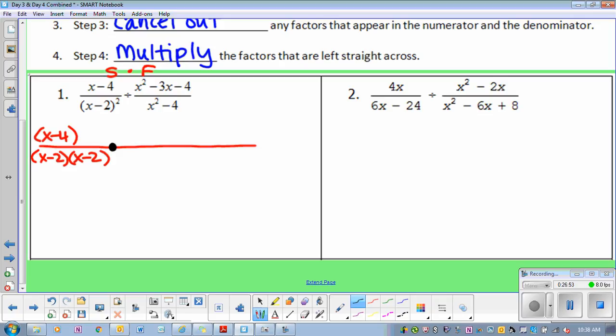So we kept the first one the same, we turned the division into a times. What do you do with the second fraction? Flip it. So this x squared minus 4 goes on top, and this x squared minus 3x minus 4 goes on the bottom. Now it's exactly what we were doing on the front page, just multiplying. Now let's factor everything and see what we can cancel out.